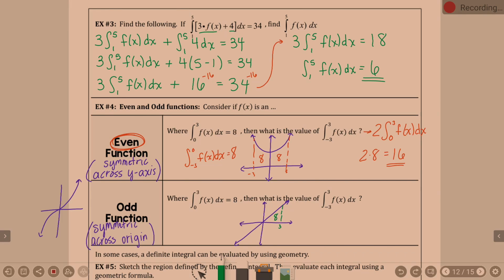And remember, an integral is the area between the curve and the x-axis. So that's 8. Now, what if we talk about negative 3 to 3?